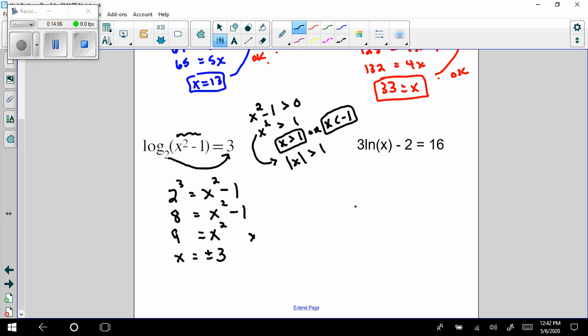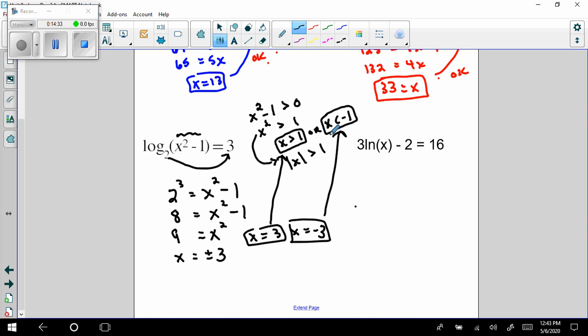So I have x equals 3. x equals -3. So is 3 in the domain? Yes. 3 is greater than 1. Is -3 in the domain? Yes. -3 is less than -1. So both of those work.